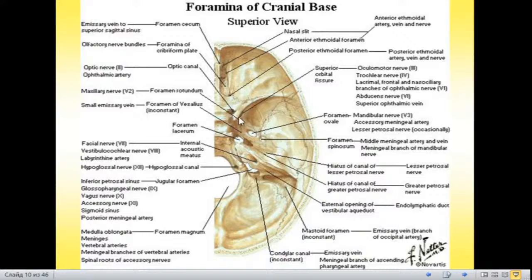Then the third cranial nerve, oculomotor, exits the skull through the superior orbital fissure. The fourth one, trochlear, also. As for the fifth cranial nerve, as you know, it has three branches: ophthalmic, maxillary, and mandibular nerves. The ophthalmic nerve enters the skull through the superior orbital fissure, then the nervus maxillaris through the foramen rotundum, and the nervus mandibularis through the foramen ovale.